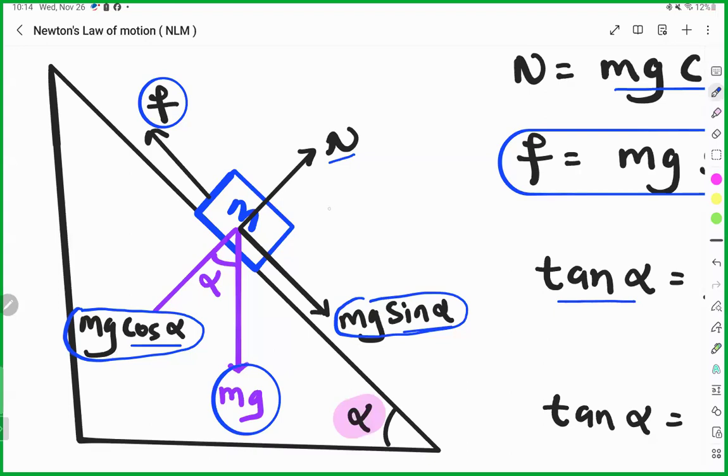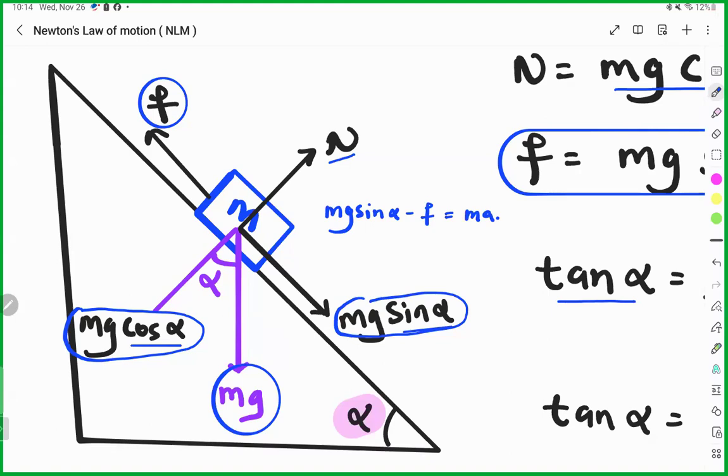Then you will say mg sin theta is more, minus friction is less, is equal to ma. Now tell me, it is the same situation as yesterday's work, and this is the free body diagram, right? In this FBD, what is happening? Mg sin theta more, friction less. What is the net acceleration? Ma. Make sense, guys?